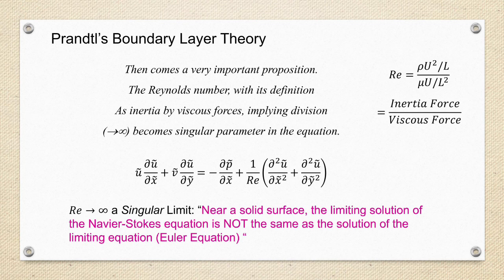But now if you invert this process and take the limit of the equation first, as Re tends to infinity, the limit of this equation is the Euler equation. And then look at the solution of the Euler equation near the surface. They do not match, because the Euler equation does not consider the effect of viscosity, and near the surface the effect of viscosity has to be important.